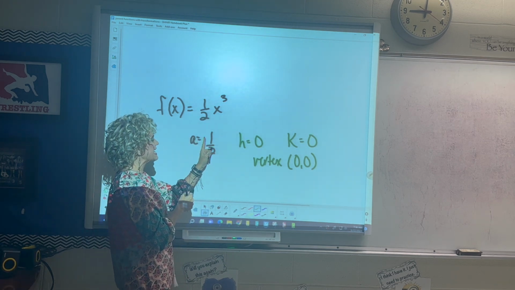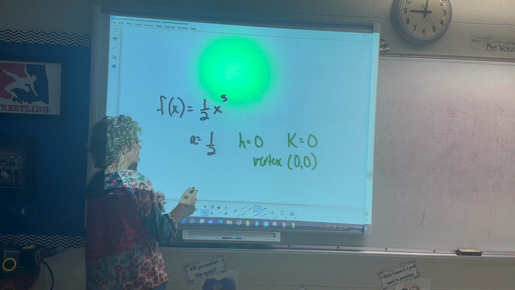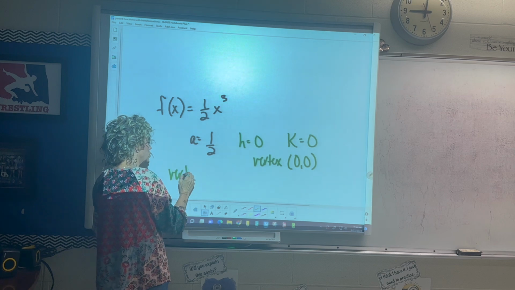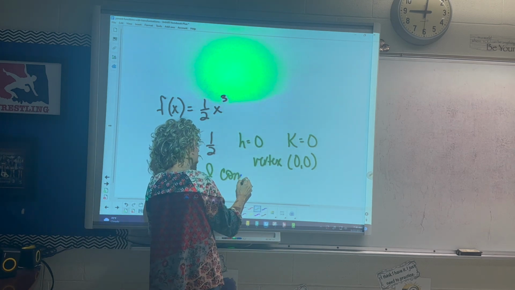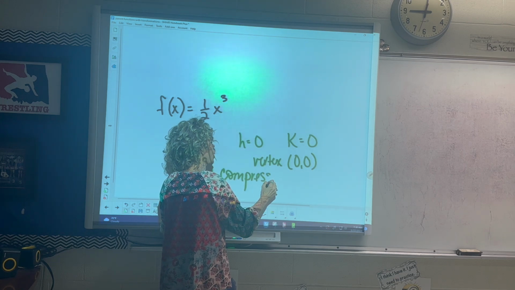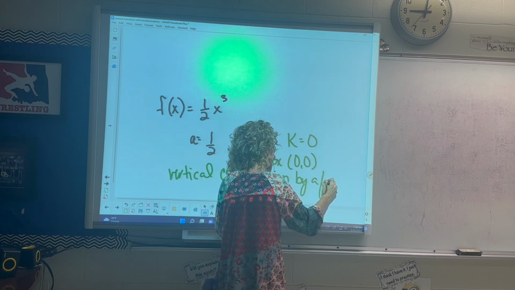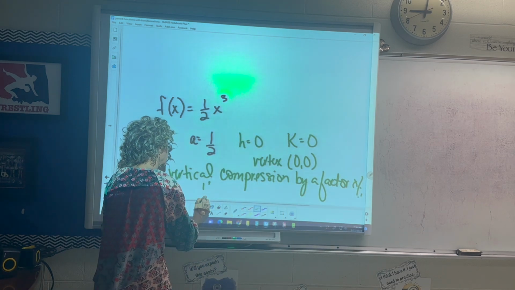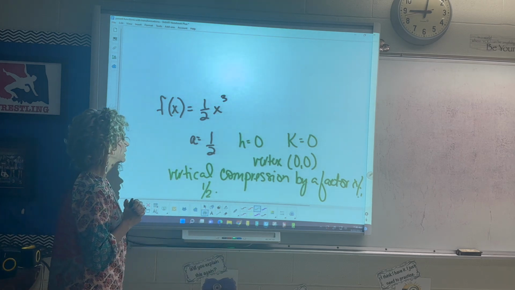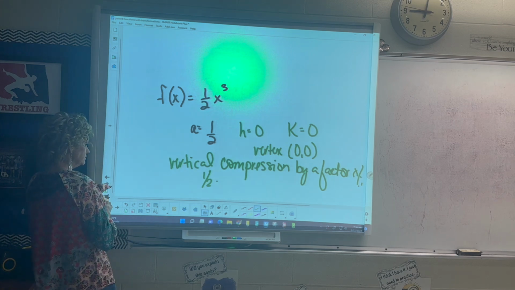And since a is between 0 and 1, it is less than 1, I have a vertical compression, because my output values got smaller by a factor of 1/2.